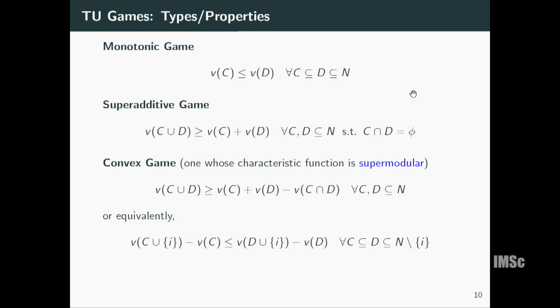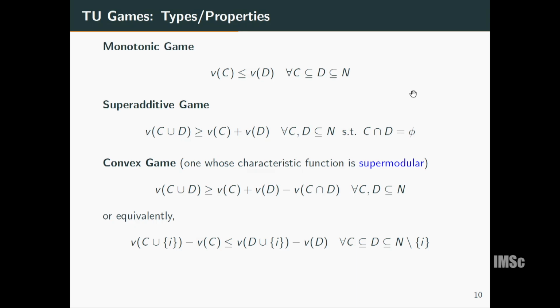This is satisfied. Now consider any two subsets C and D which are disjoint. Because the game is convex, it will satisfy V(C union D) is greater than or equal to V(C) plus V(D). That means all convex games are superadditive games.